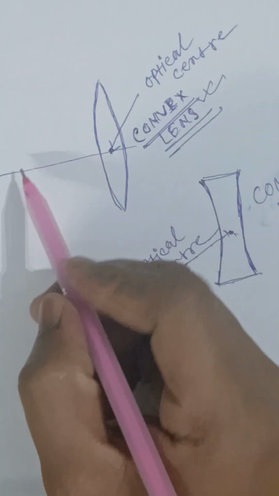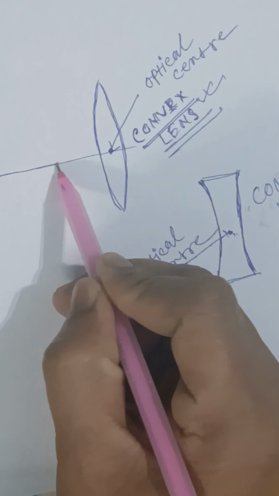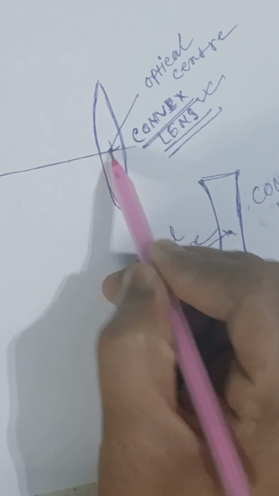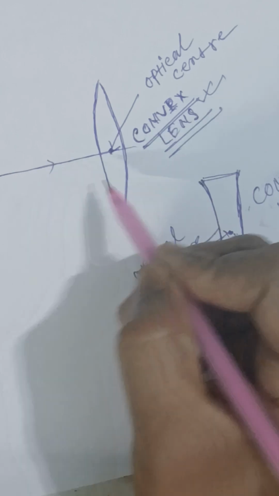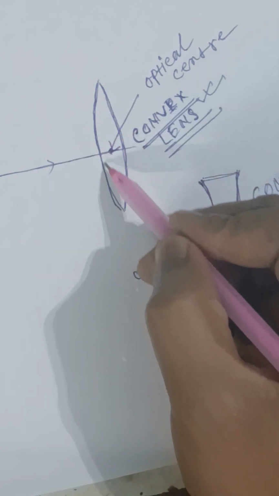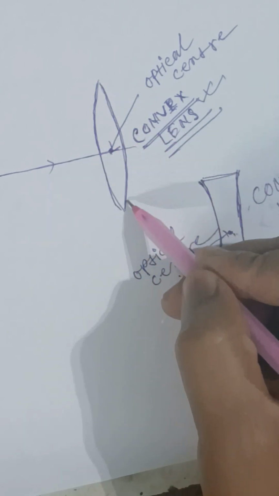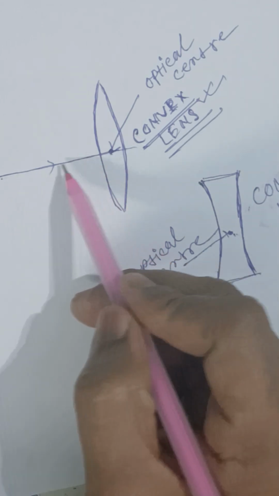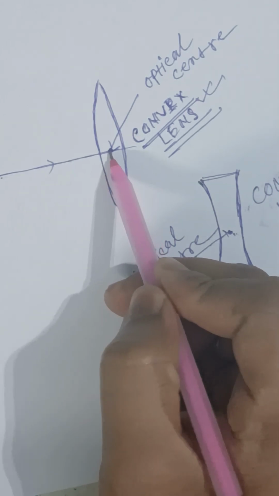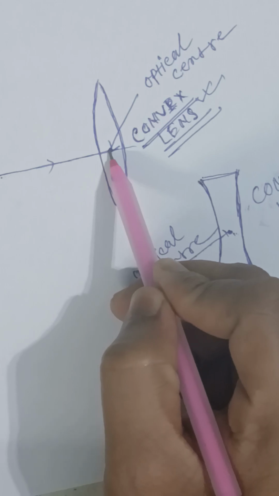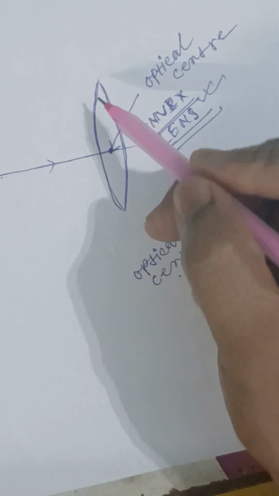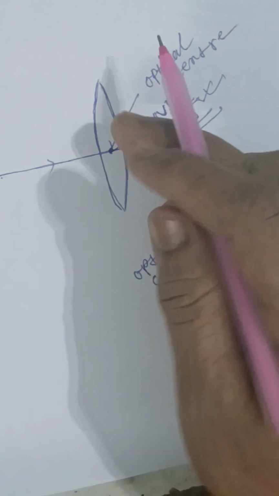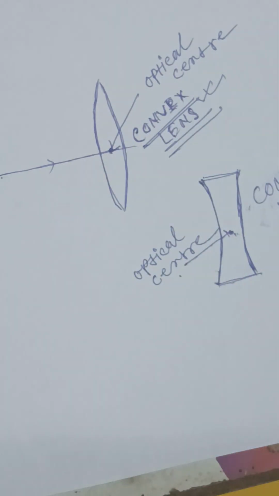So one imaginary straight line which passes through the optical center, and the straight line is perpendicular to the surfaces. Condition one: it must pass through the optical center, and it must be perpendicular to the first and second surface.